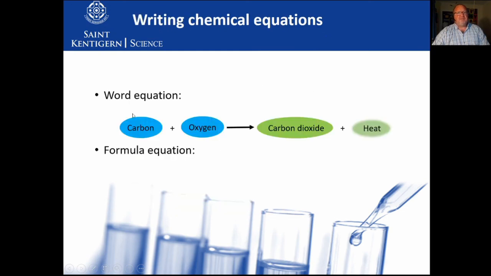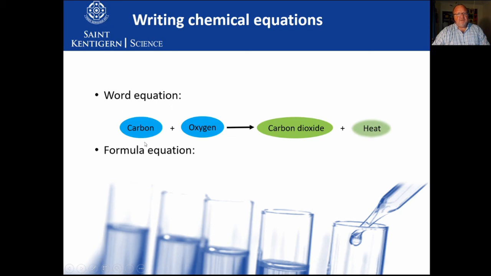So when you're writing a word equation, we have carbon plus oxygen produces carbon dioxide and heat. So carbon that you get in your wood plus the oxygen that you get in the air. Anybody ever told you that a fire has to breathe? So carbon and oxygen will give you carbon dioxide, the gas coming off, and the heat of the fire.